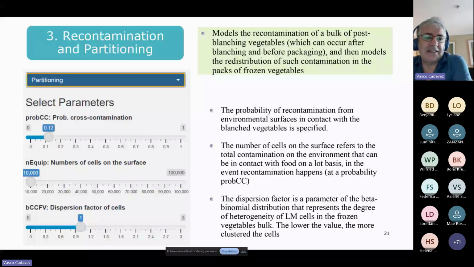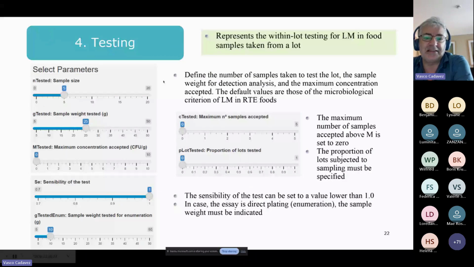Okay, for testing, usually we can have a sampling strategy to test if our products are contaminated or not. In this case, this testing stage was developed to check if implementing a testing or sampling procedure can have an impact on the risk.